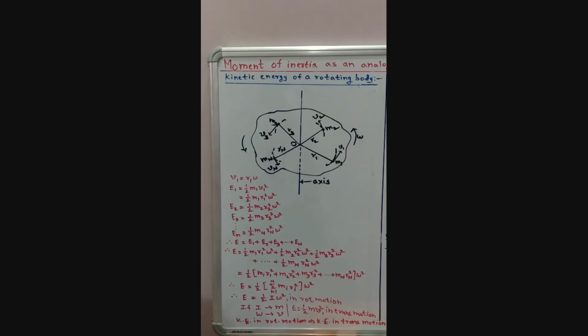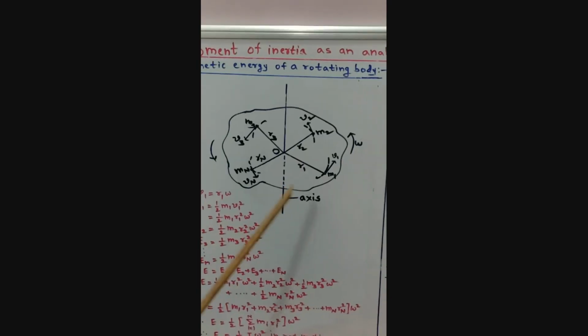Let us see the physical significance of moment of inertia. Physical significance of moment of inertia is as follows. Moment of inertia represents the tendency of a body to oppose any change in its state of rotation. Let us see some more details about moment of inertia.